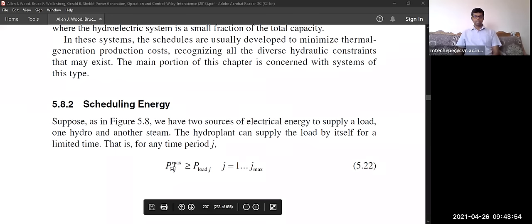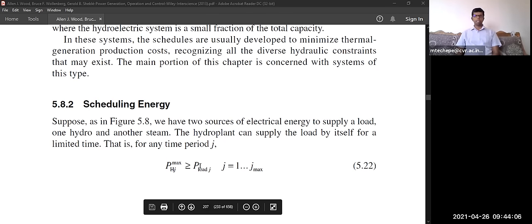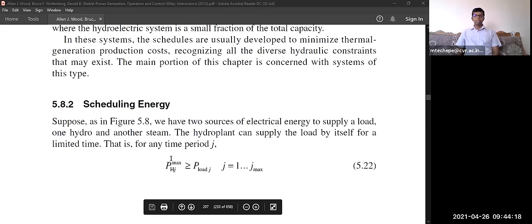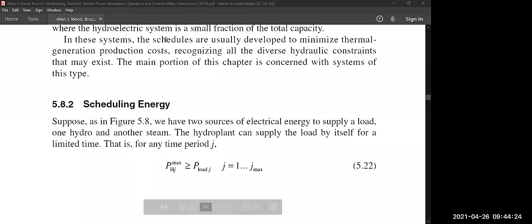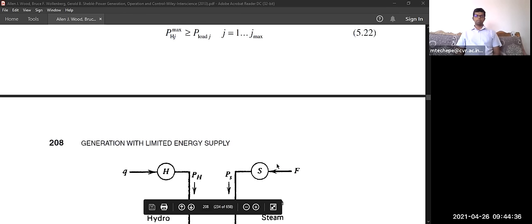The maximum generation is being generated so that it can satisfy the load. That is, PHj maximum is greater than or equal to P load of j, for j equal to 1 to j maximum.